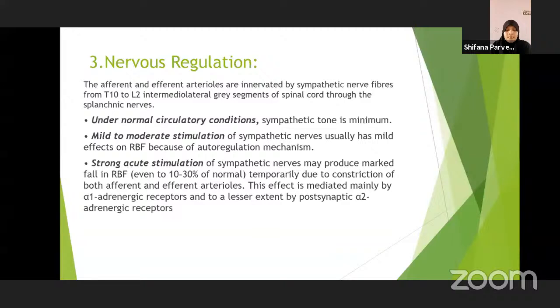But strong acute stimulation of sympathetic nerves may produce a marked fall in renal blood flow due to constriction of both afferent and efferent arterioles temporarily. This effect is mediated mainly by alpha-1 adrenergic receptors and also by postsynaptic alpha-2 adrenergic receptors.